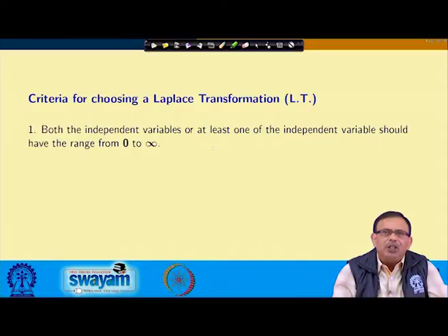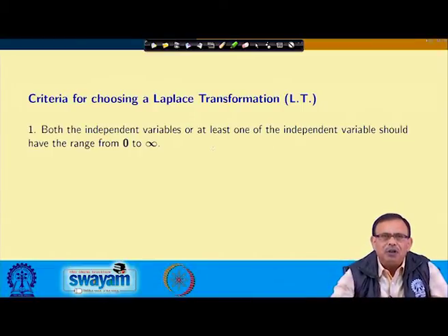Out of two, at least one should have this range, because if for both the range is minus infinity to infinity, I cannot use Laplace transform, because Laplace transform has been defined in 0 to infinity only. Therefore, you cannot use the Laplace transform if the independent variable is varying from minus infinity to infinity. So, the very first thing is to check whether at least one independent variable varies from 0 to infinity or not.